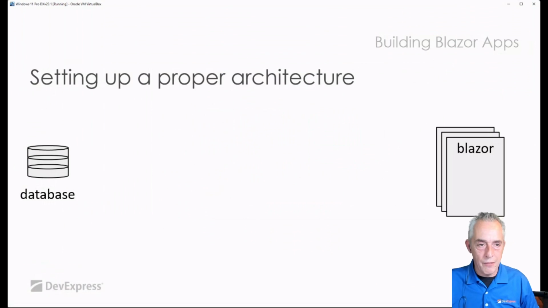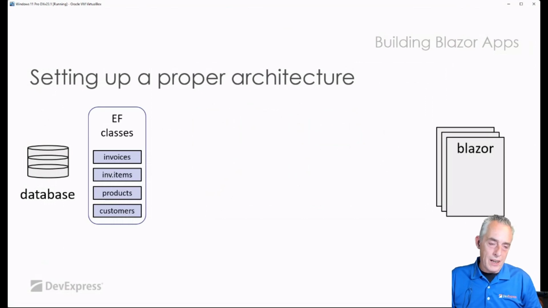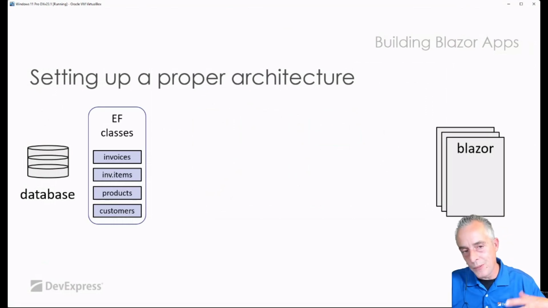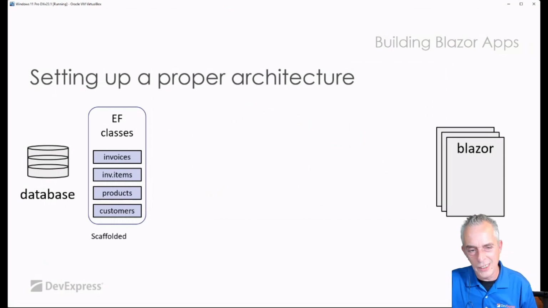What we currently have is the database on one side with the Blazor application on the other side, and we have EF classes, but the Blazor application communicates directly with the Entity Framework classes and uses them to modify information as well, which is typically something that you want to abstract away. You don't want the Blazor app directly communicating with it.